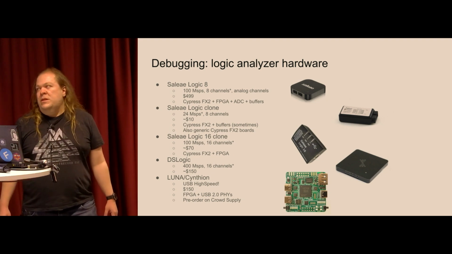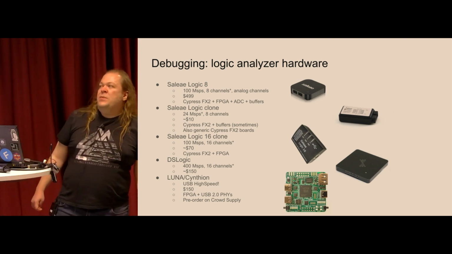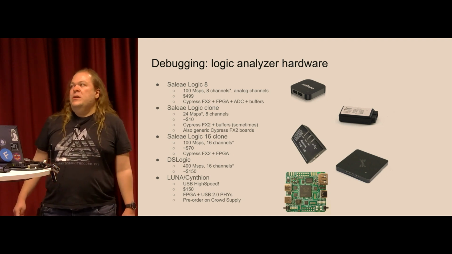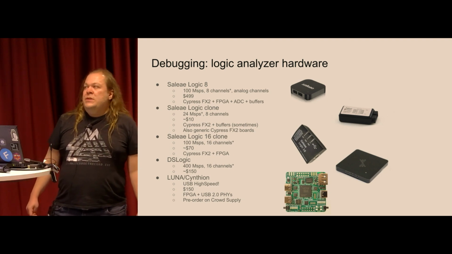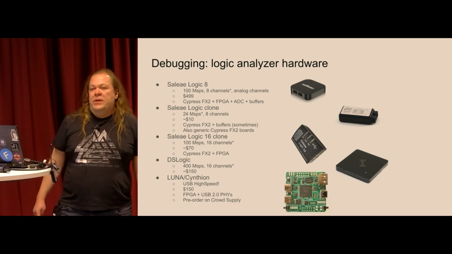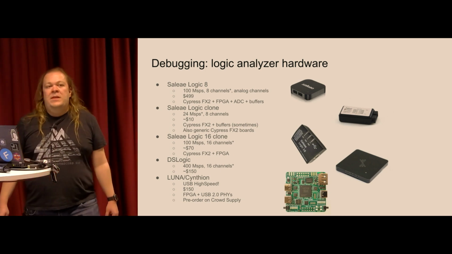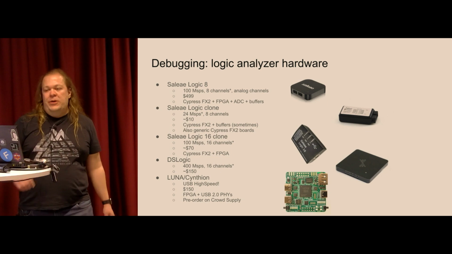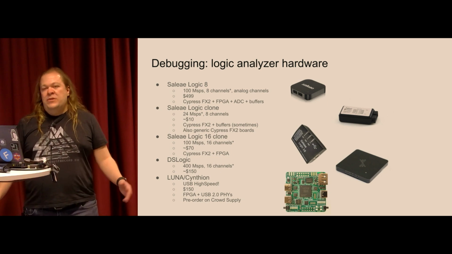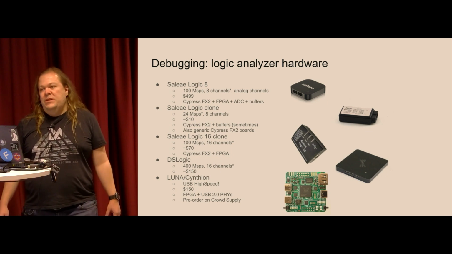It also promises 8 channels, but this is not completely true, because with 100 mega samples per second, you can only sniff up to 3 channels. And if you need more, then the speed will be lower, because everything is bounded by the USB 2.0 speed, which is not super great.